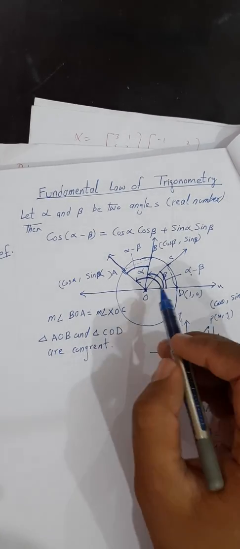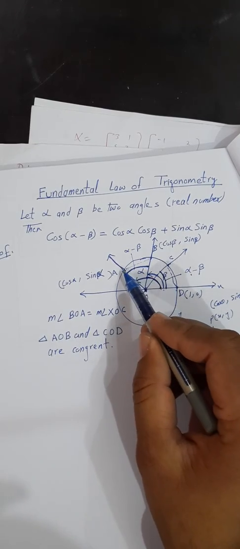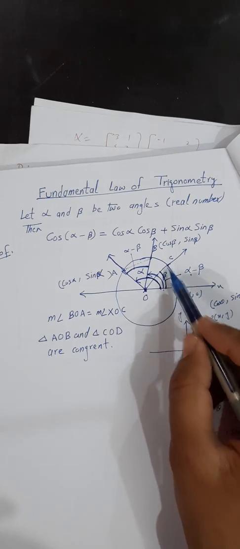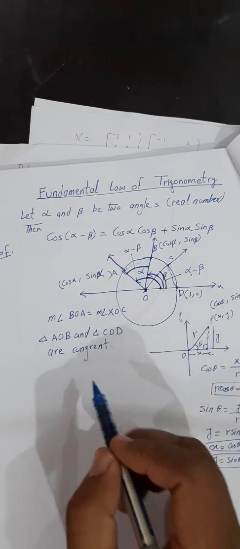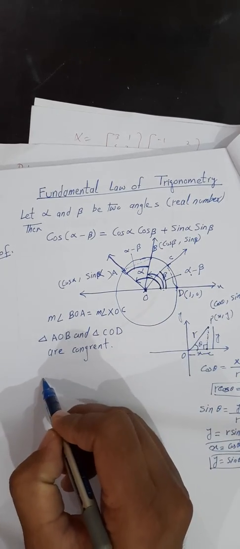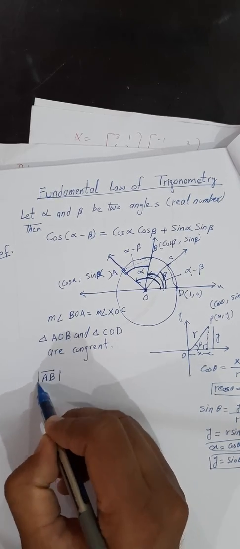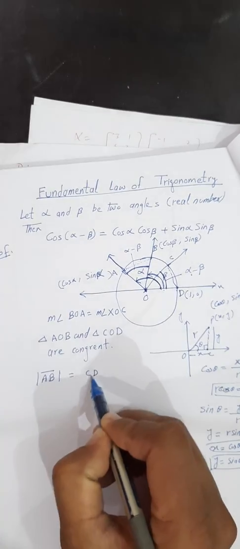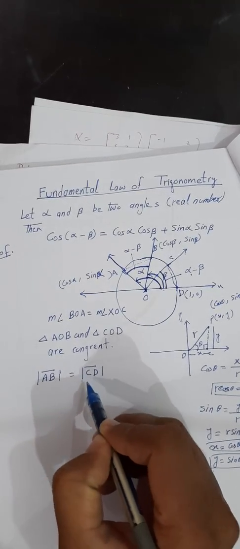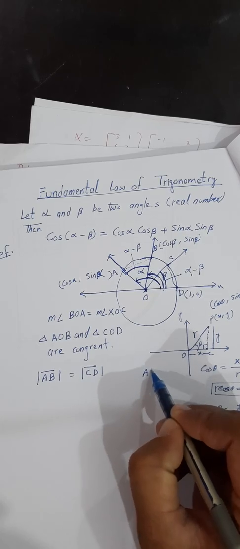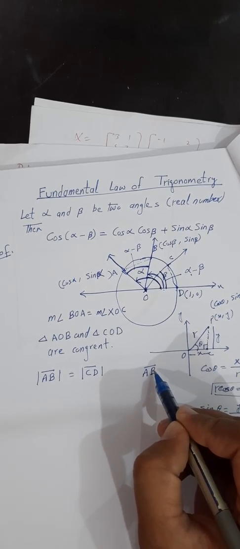Now, if these triangles are congruent, then the AB distance and CD distance are also equal to each other. You can say that AB distance is equal to CD distance. You know that this AB is a vector. This is not a distance.